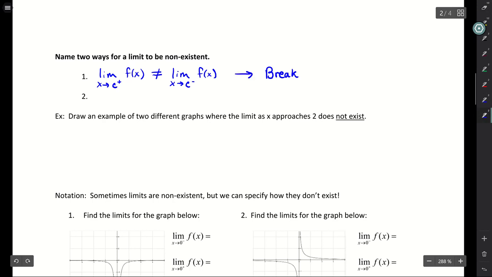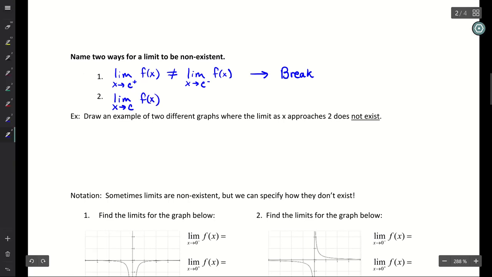non-existent. The other thing that can happen is that the limit as x approaches c overall, that means you're going to look at it from the left and from the right. Okay, that means that if you look at a limit and your limit is either equal to positive or negative infinity, that's going to indicate that there's a vertical asymptote at x equals c.